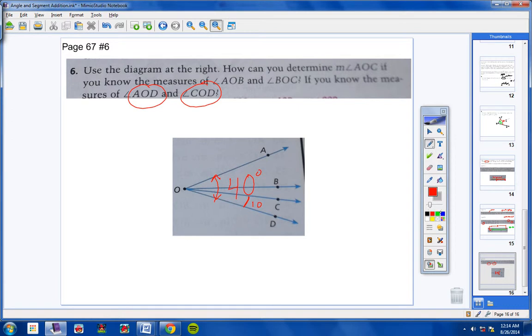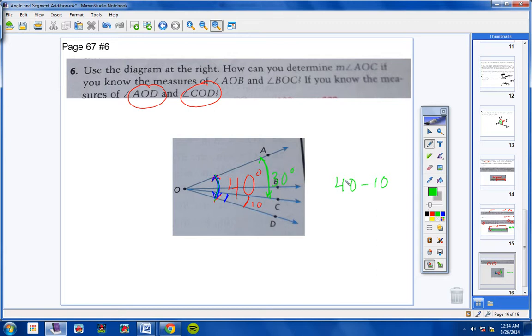Now think about this, students. If the whole angle is 40, and this little angle right here is 10, how would I find this angle that goes from this ray to this ray here? Would I not take the whole angle, which is 40, and then subtract out the 10 degrees, and then I would know this angle from here to here has to be 30 degrees.